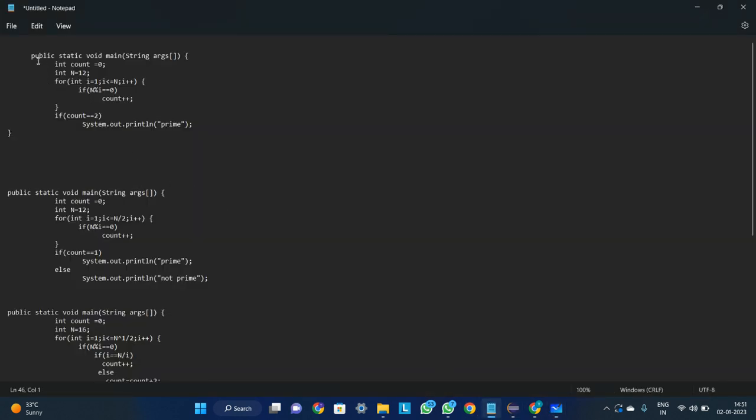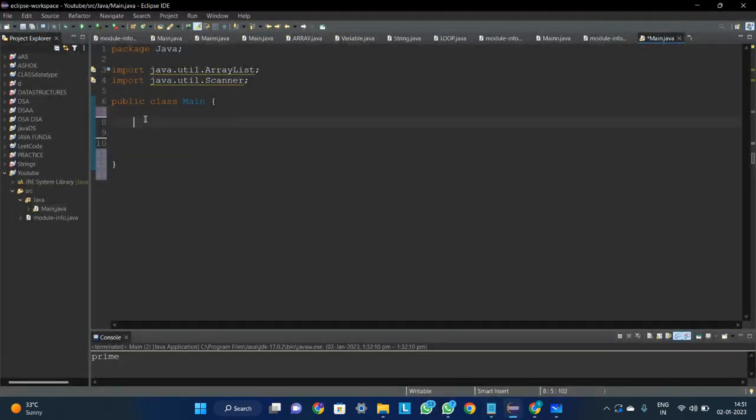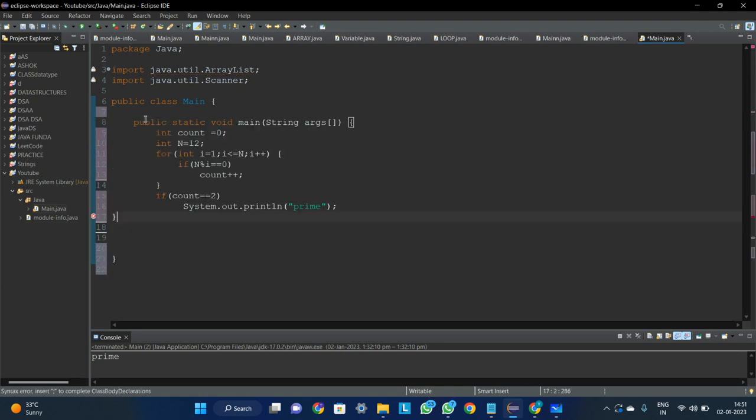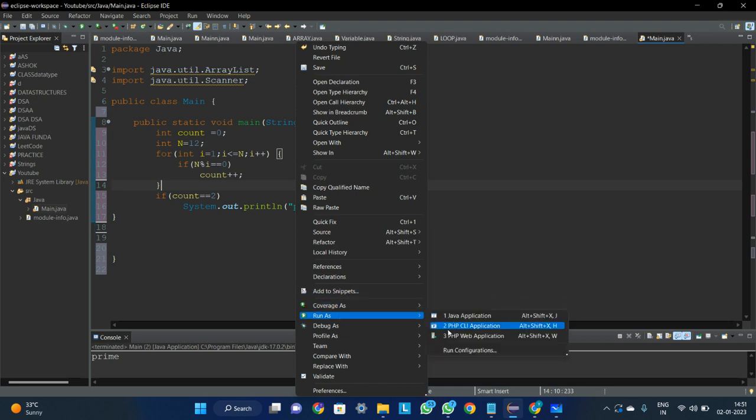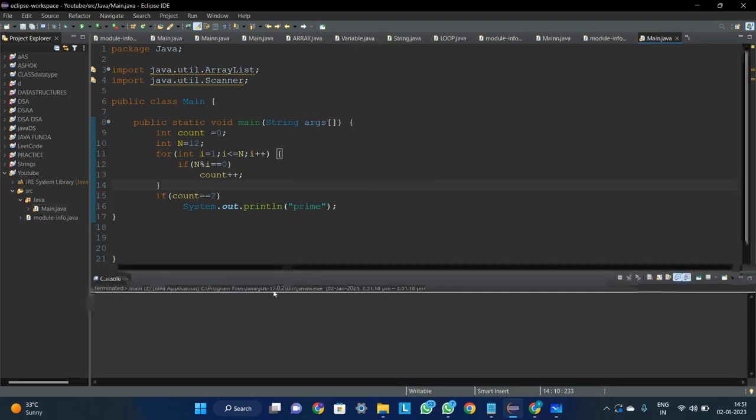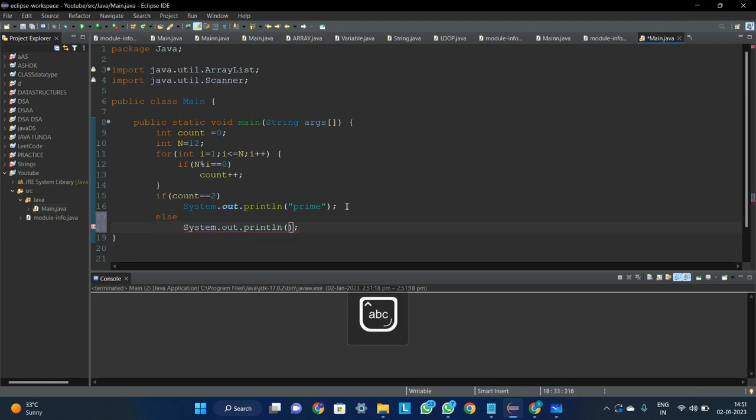If we write that code and run it in our editor, I'm taking 12. Yeah, 12 is not prime. If you can see the code, I will take this else, and run again.